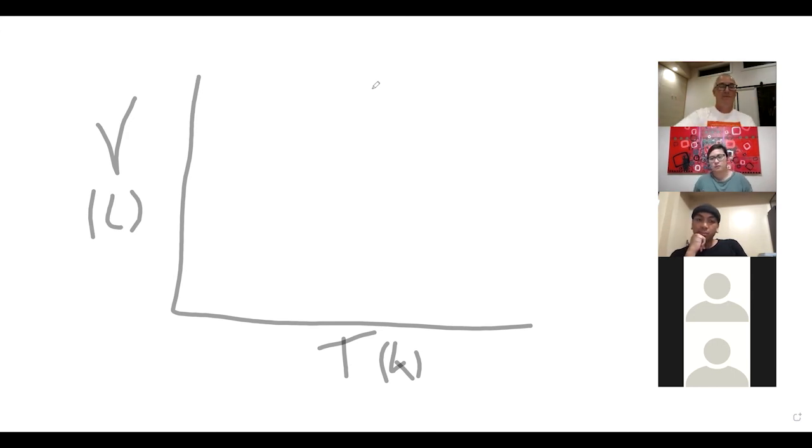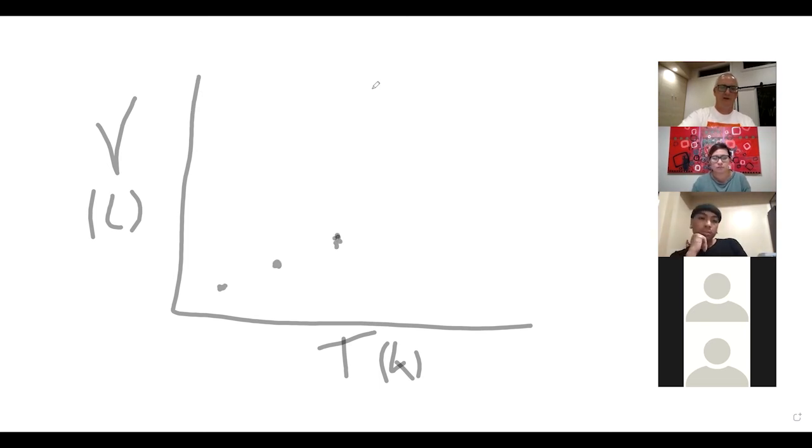We'll learn this when we look at the gas laws a little bit later. As the temperature goes up, volume goes up too, as long as the pressure stays the same. So let's say I'm doing an experiment and I've got my balloon and I'm measuring the volume of the balloon and increasing the temperature. Here's my first point, then my second point, and then my third point.